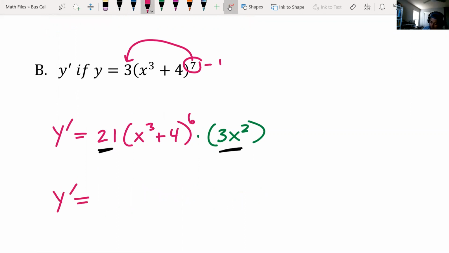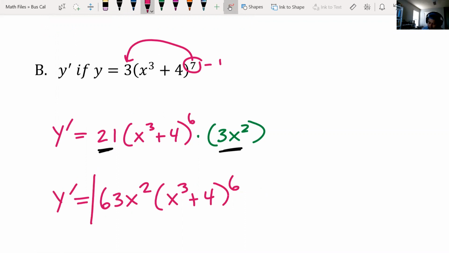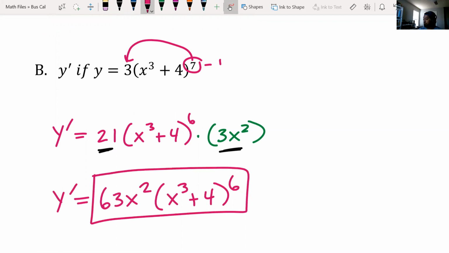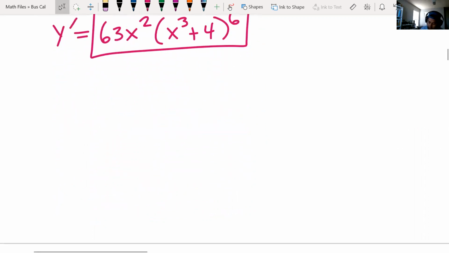And we'll get y prime equals 63x squared times x cubed plus 4 to the 6th. Done and done. All right. Keep going.